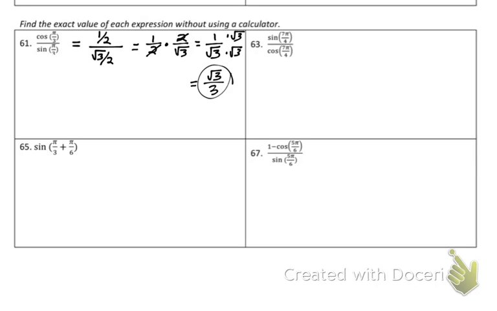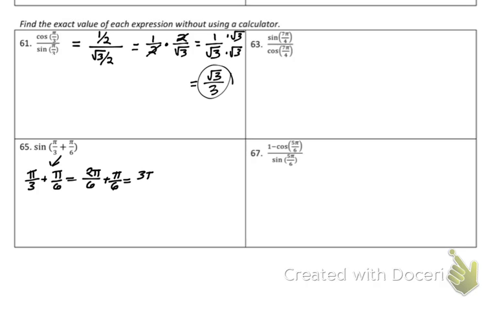All it's asking you to do is add pi over 3 plus pi over 6. So that's the first thing you're going to do. You pull that out and go pi over 3 plus pi over 6. Have to have a common denominator. I'm going to use 6, so I'll have 2 pi over 6 plus pi over 6.